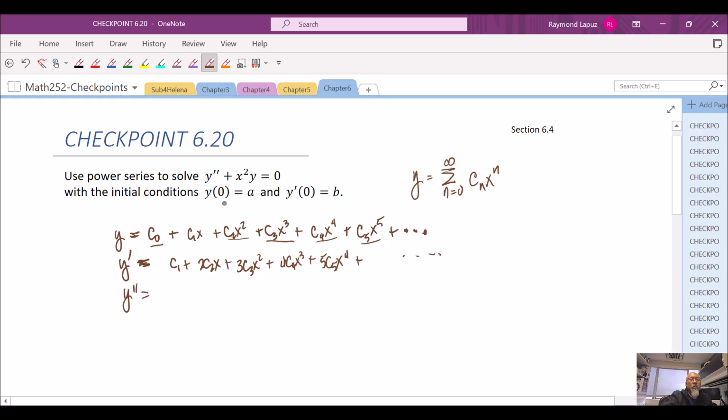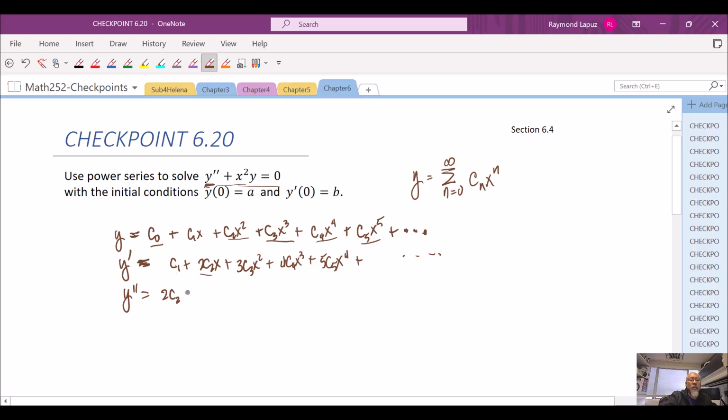Let's get to the second derivative, because we need to replace the second derivative in our original differential equation. The derivative of the constant c sub 1 is 0, and the derivative of the next one is going to be 2c sub 2, just a constant.